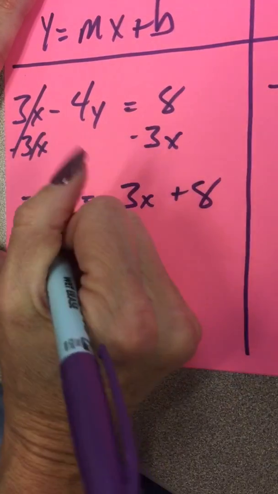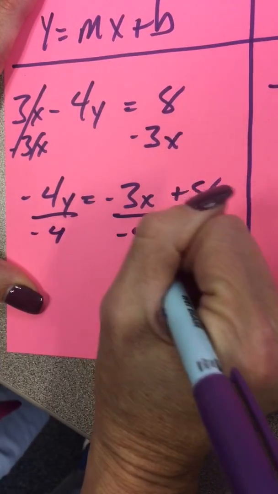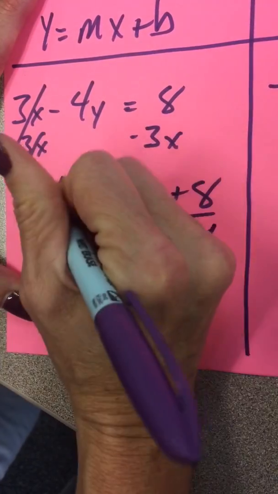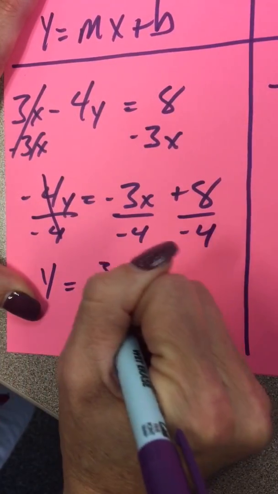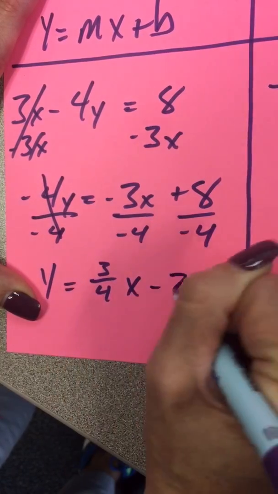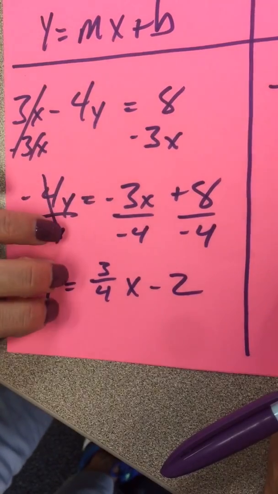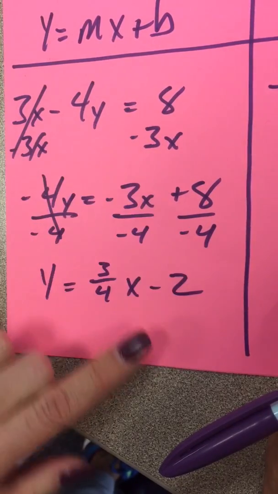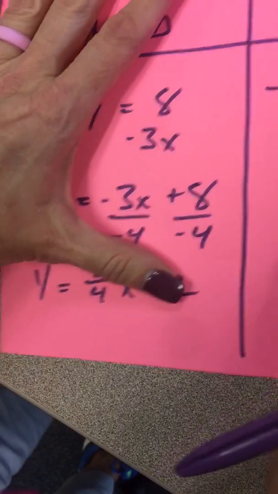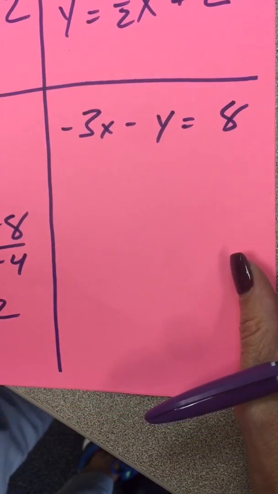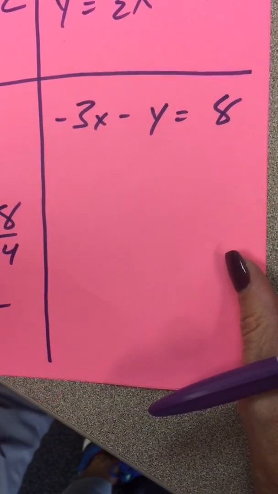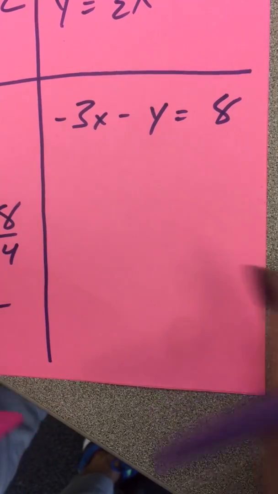Let's divide everything by negative 4. And then we've got y equals 3/4 x minus 2. This has two negatives that are dividing, so it gives us a positive. This has a positive and a negative, so it changes to a negative.